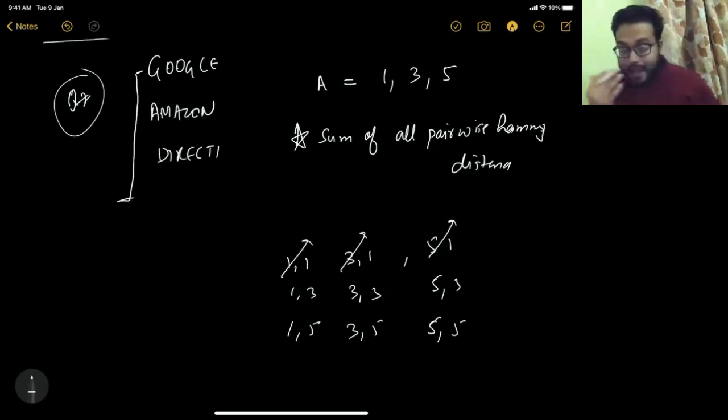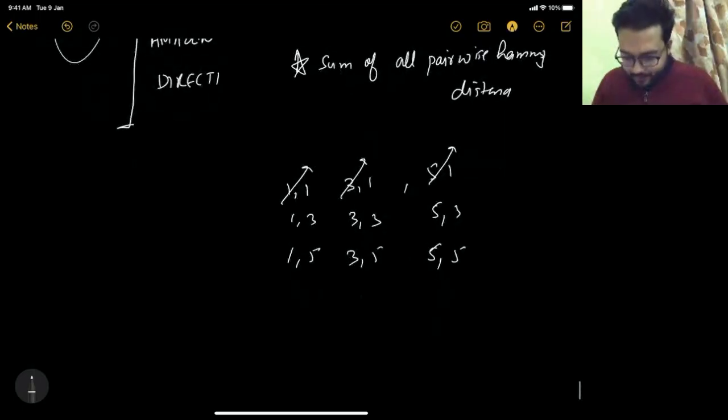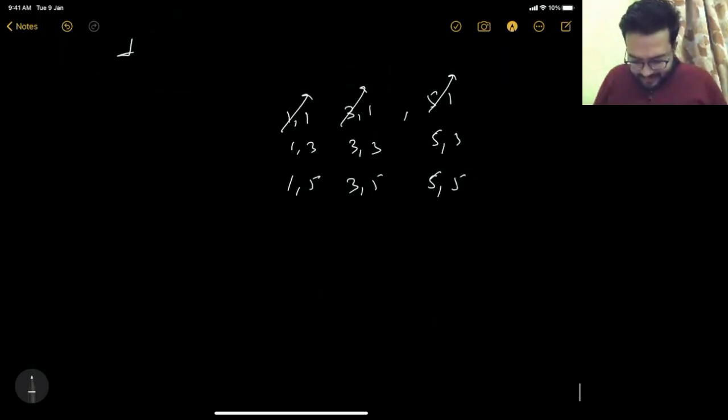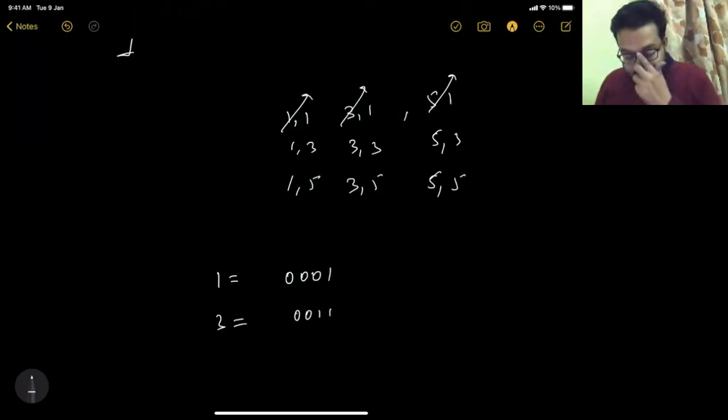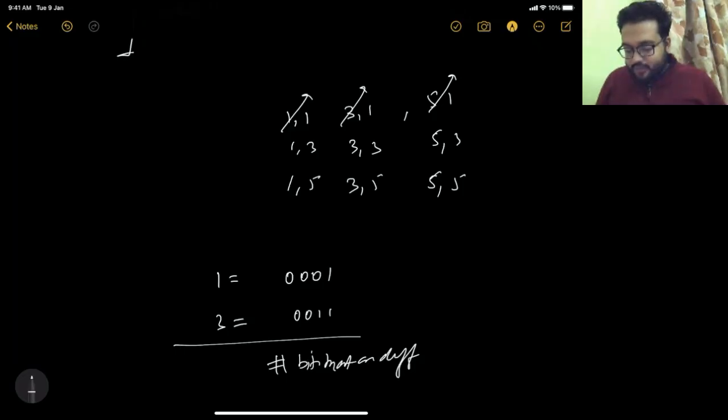So between 1 and 1, can anybody tell me the Hamming distance? It will be 0. Between 1 and 3, what will be the Hamming distance? It will be 1. Between 1 and 5, what will be the Hamming distance, guys? Let's try to solve it. 1 is this. What is 5? 5 is nothing but 0, 1, 0, 1. So how many bits are different?